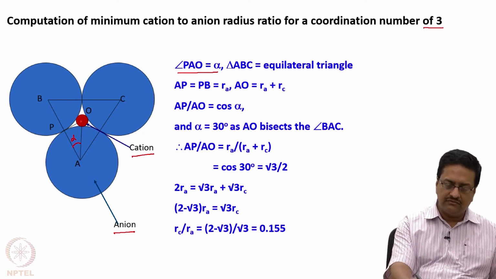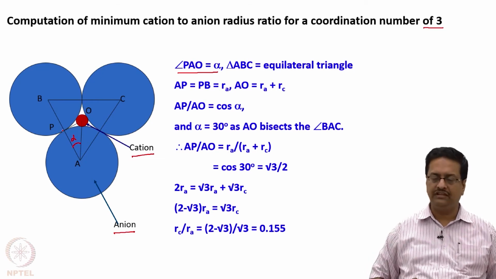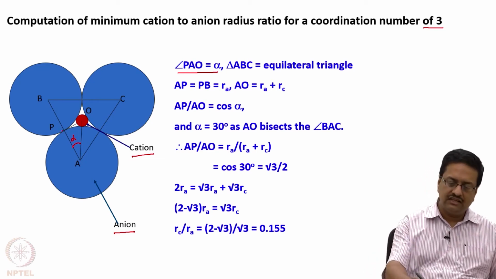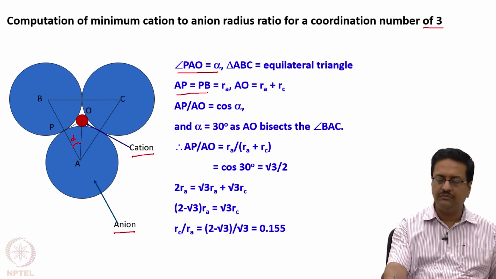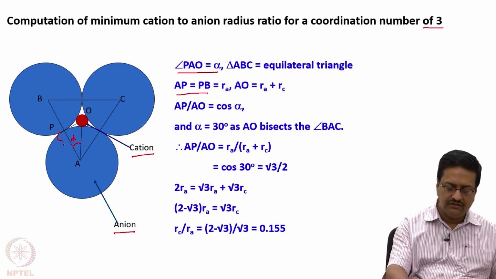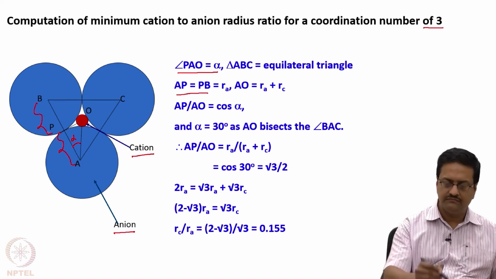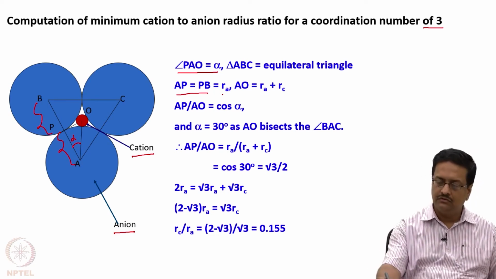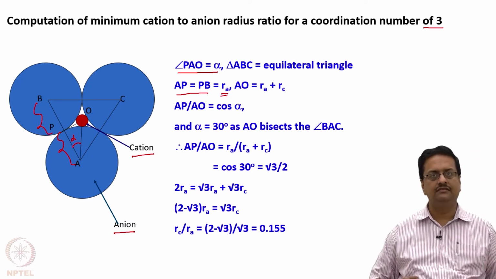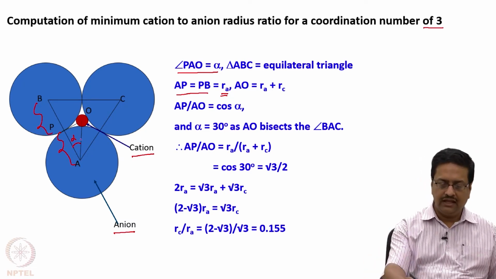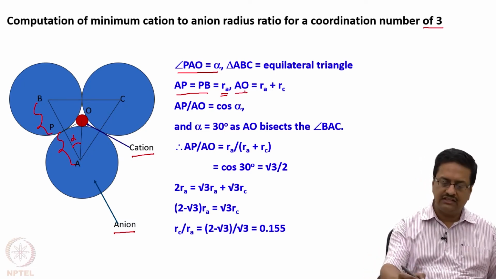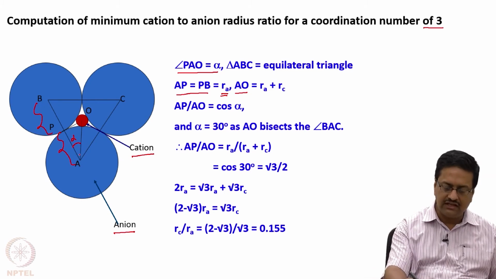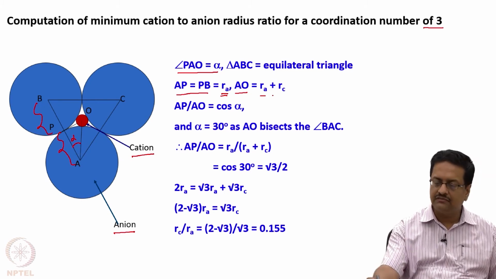We have dropped a perpendicular from O to AB and made it OP. As a result, AP equals PB, which equals the radius of the anion, and AO is nothing but the radius of the anion plus the radius of the cation.